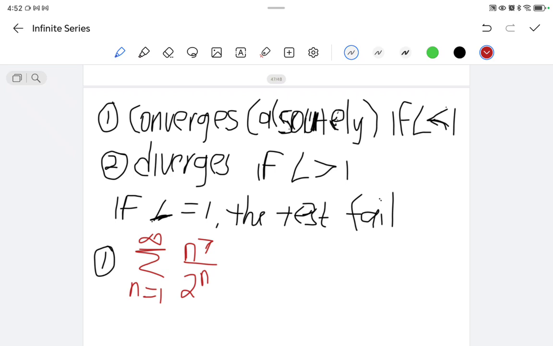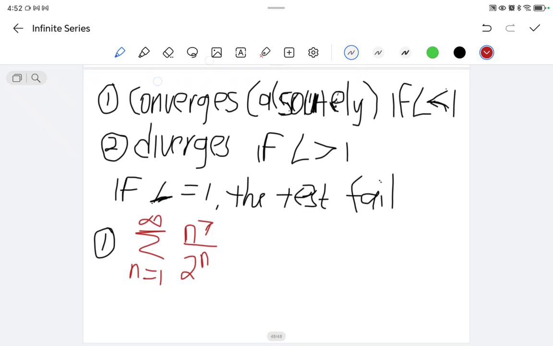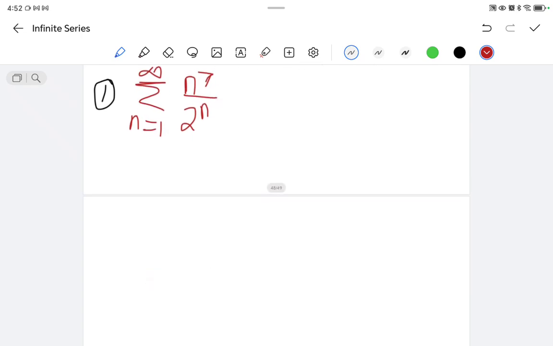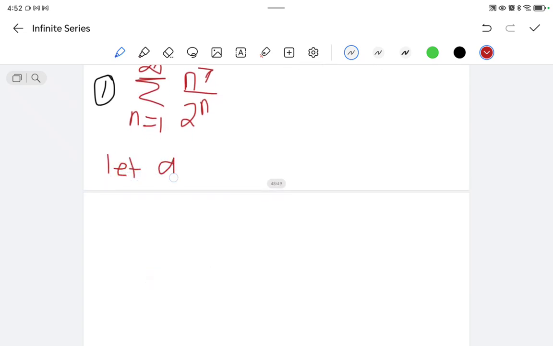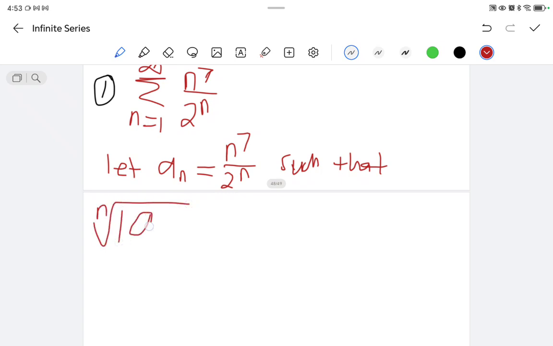So I'm going to let a of n be equal to n to the 7 over 2 to the n, such that the absolute value of a of n will be equal to the absolute value of n to the 7 over 2 to the n. This will remain positive.